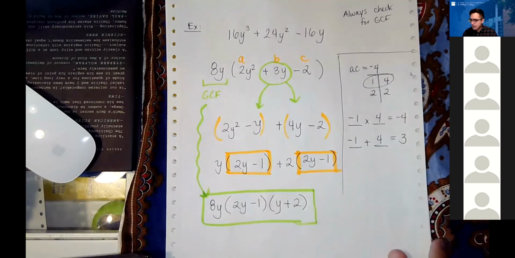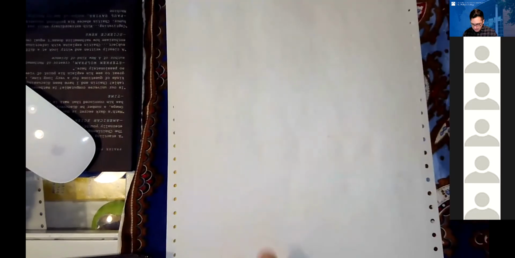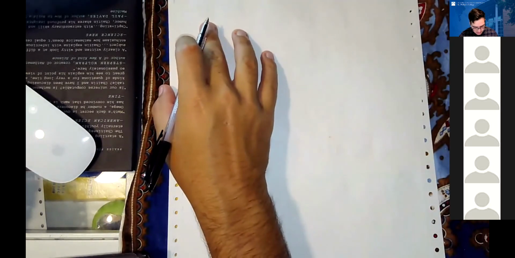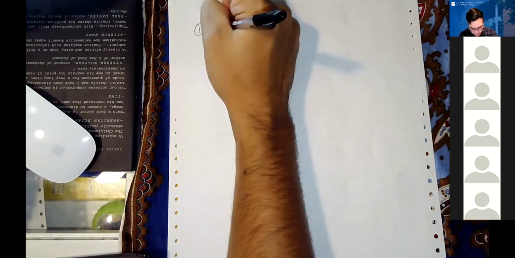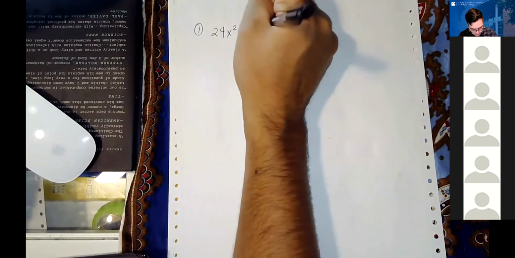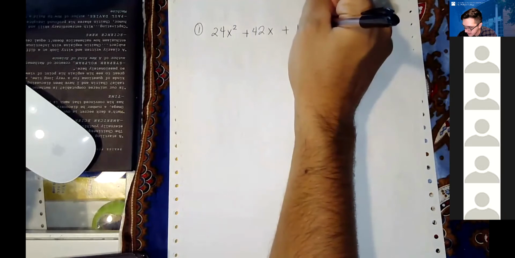Okay, so with the last 5 minutes, let me give you guys one problem to work yourselves. So let's try this one. 24x squared plus 42x plus 15.